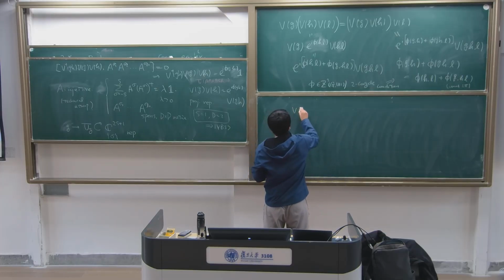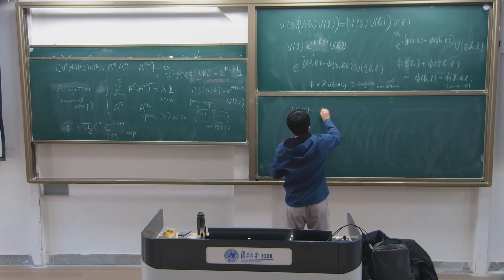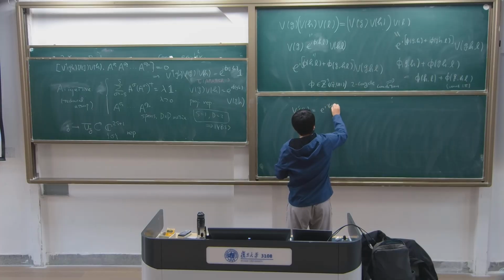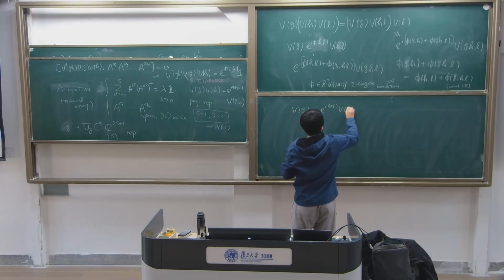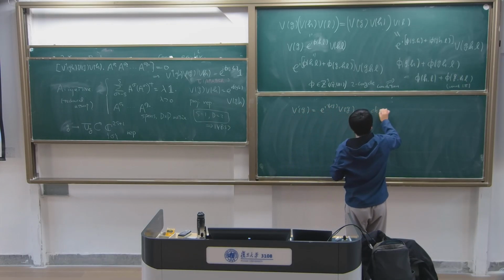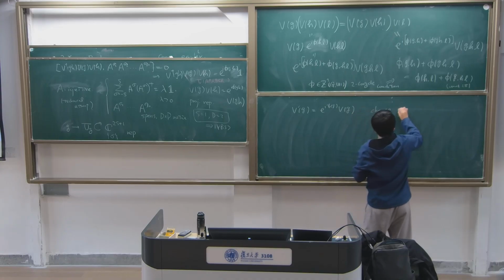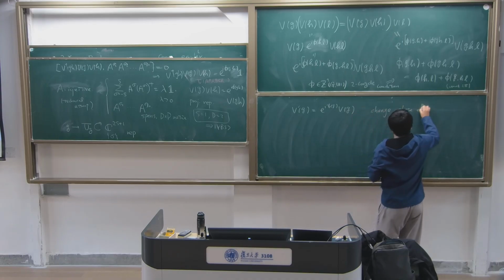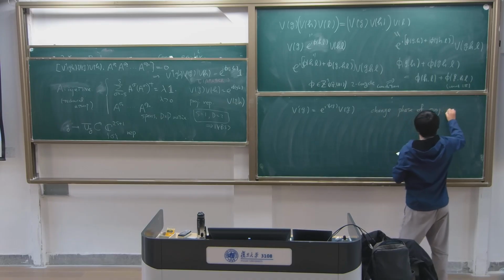If you change the basis for the new representation, you just change the phase phi of G. So if you consider a new representation, you only change the basis of the projective representation.